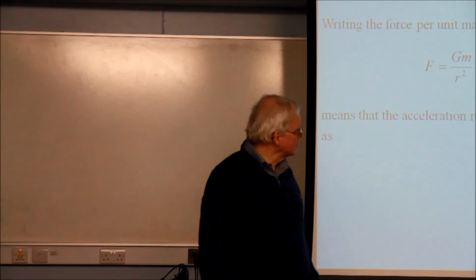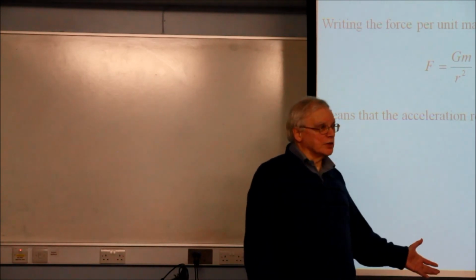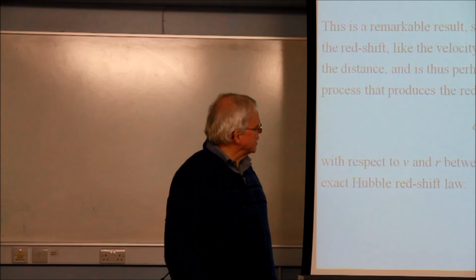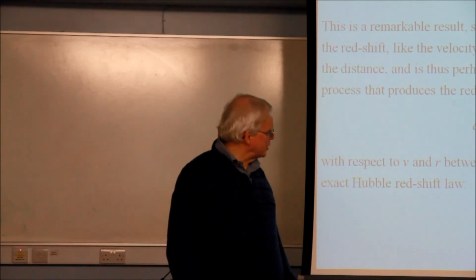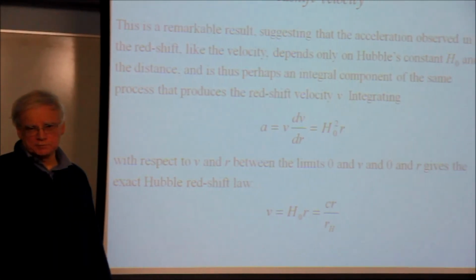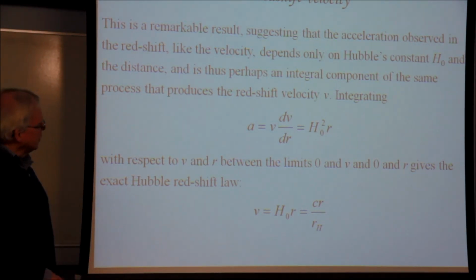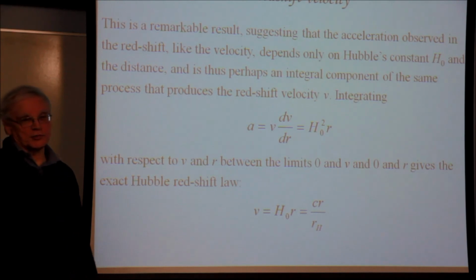H naught, r, v, whichever, they're determined by the same quantities. We've got acceleration is H naught squared r, and velocity is H naught r. And acceleration is H naught times the velocity.